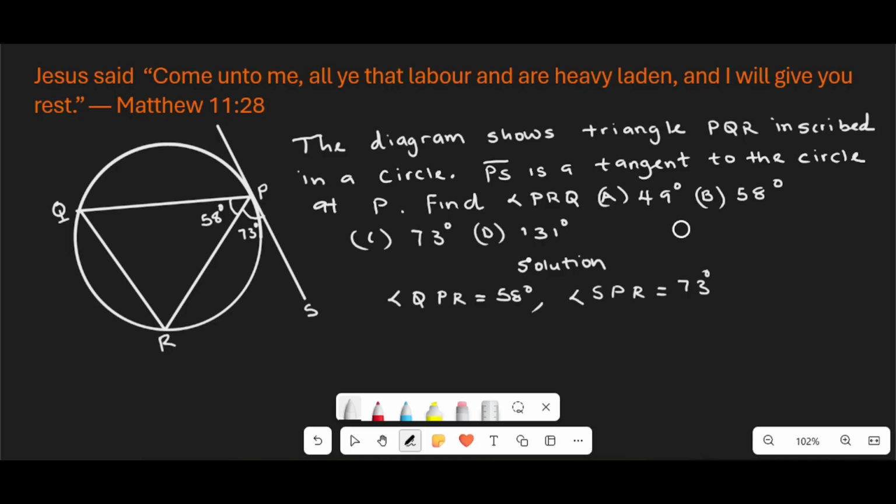We're also given that PS is a tangent to the circle at P, and the question says we should find angle PRQ.